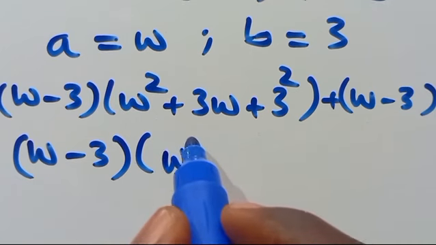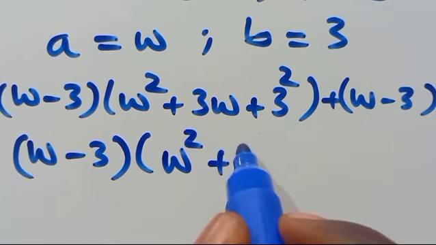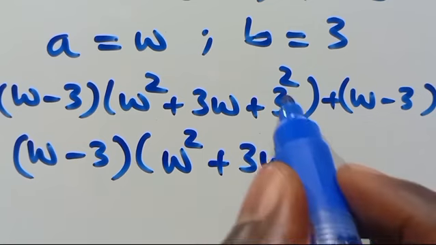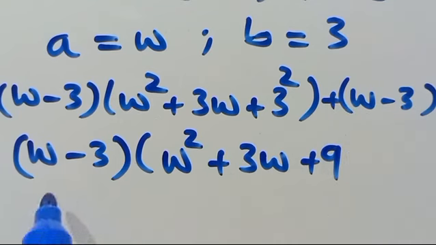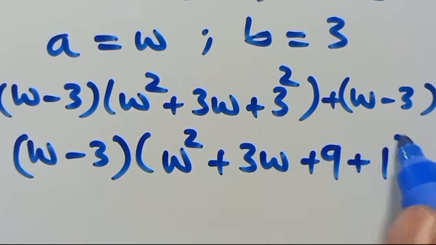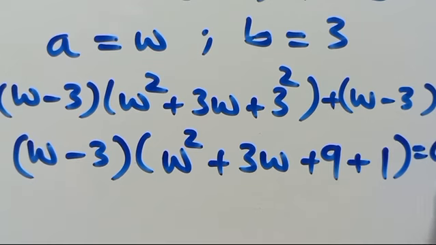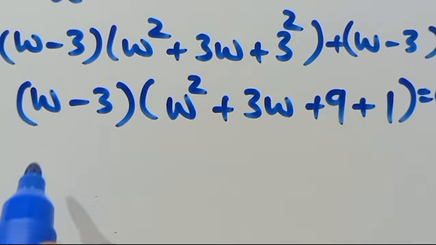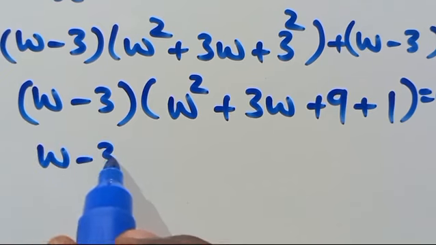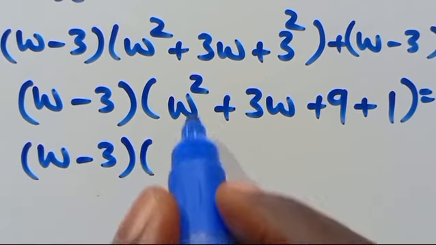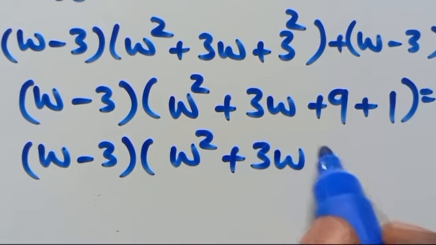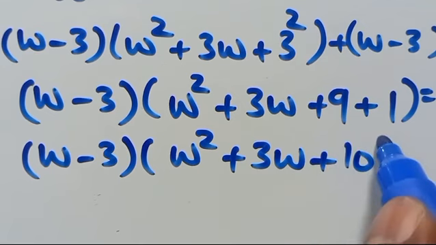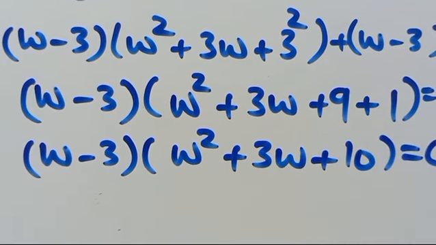We are going to have W to the power of 2 plus 3W plus 3 to the power of 2, which is 9, then the other term divided by W minus 3 will be 1. We close it, equals 0. We have W minus 3 times W square plus 3W plus 10 equals 0.